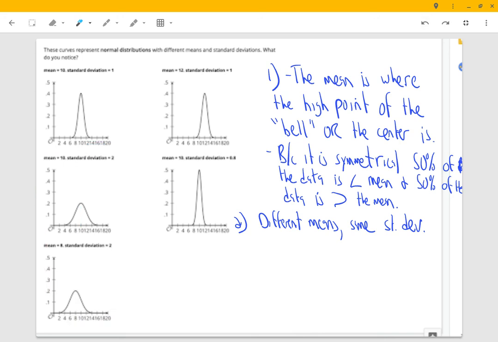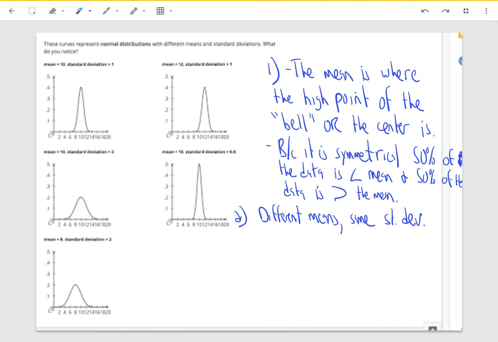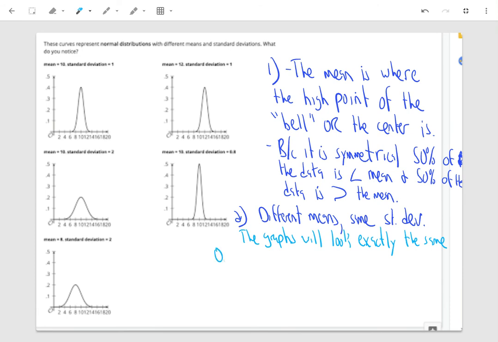When I have different means but the same standard deviations, the graphs will look exactly the same.